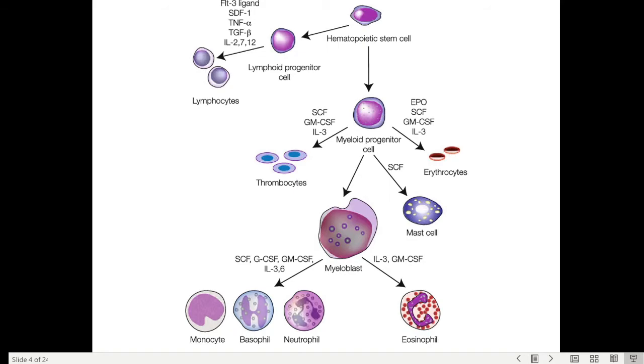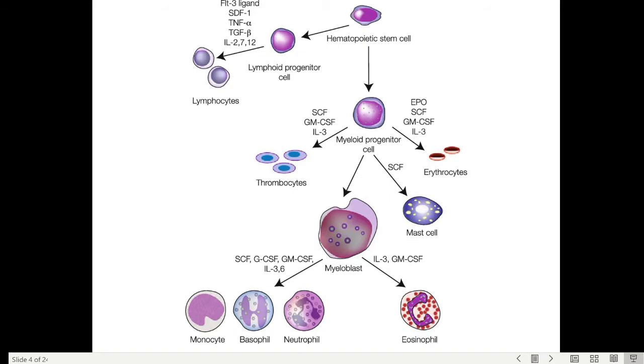These lymphoid progenitor cells get the signal from an external source, and they are alerted that something has happened in our human body, and they produce lymphocytes. These lymphocytes are responsible for our immune system response and cell communication.